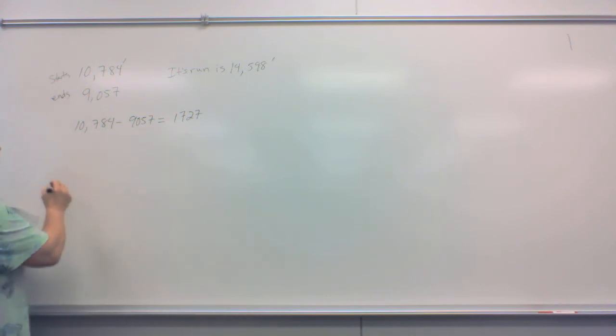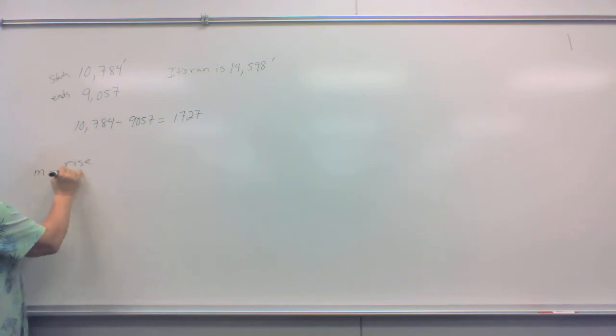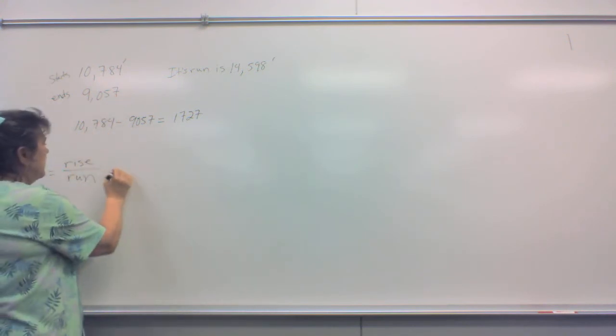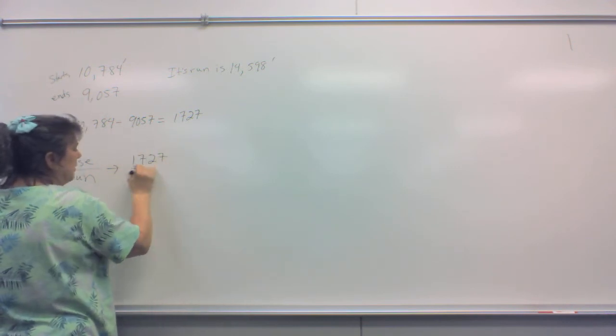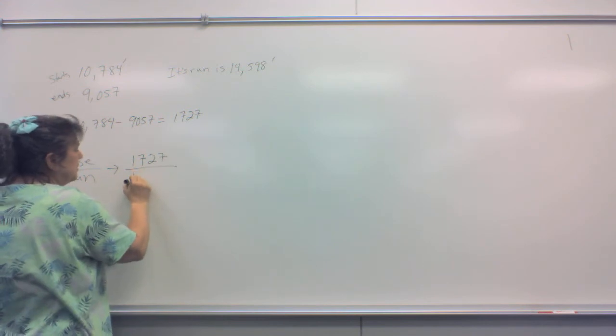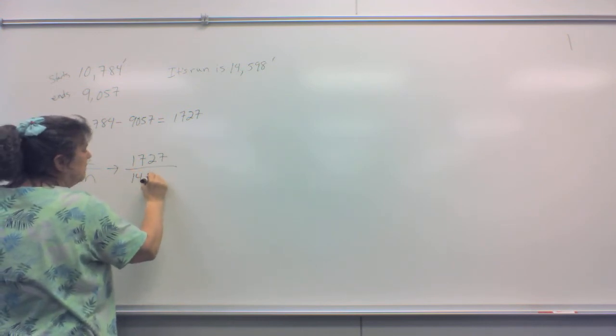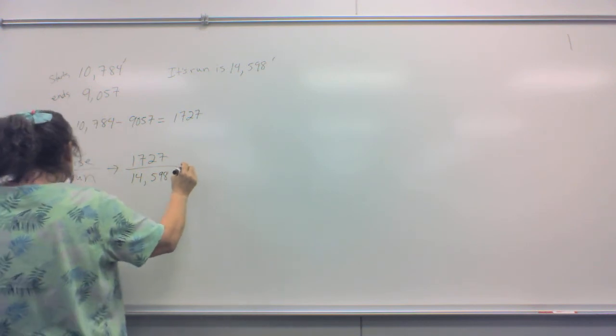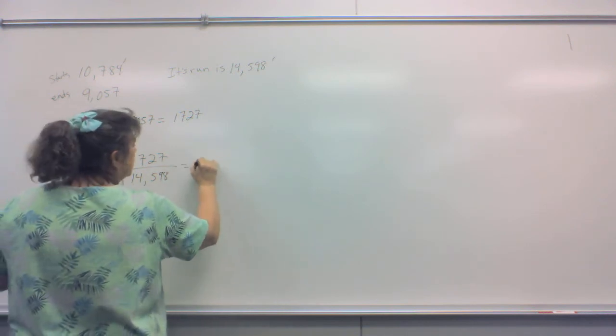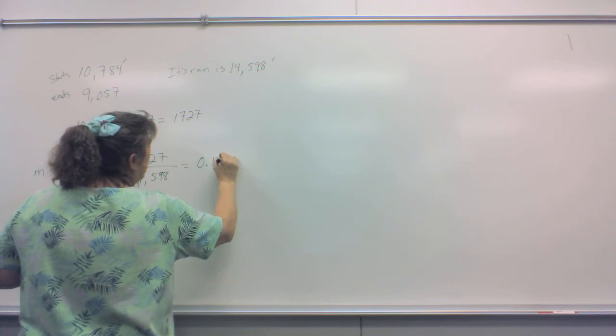And remember, your slope is equal to rise over run. And my run was given. So this one is going to be 1,727 over the run, which is 14,598 feet. So this is equal to 0.118.